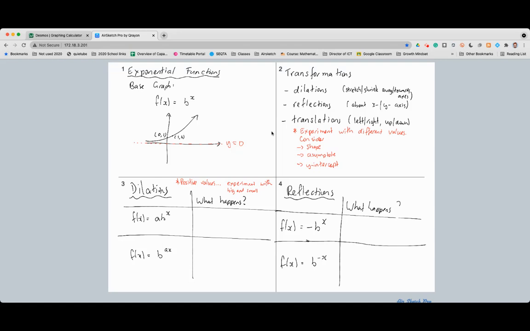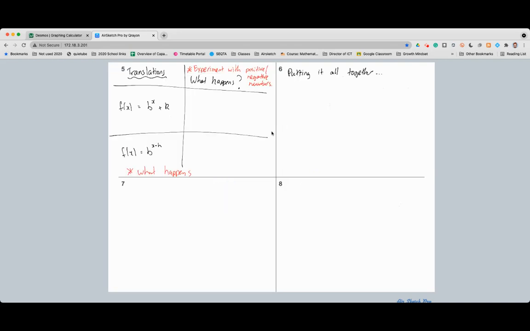And the next page, when I get to it, would have been smart if I put all these on the same page. The next page is translations, and you can see that I've got, that's K by the way, the base graph plus K added to it, or I've got B to the power of, and then H taken away from the X coordinate. And I've said here, experiment with positive and negative numbers.